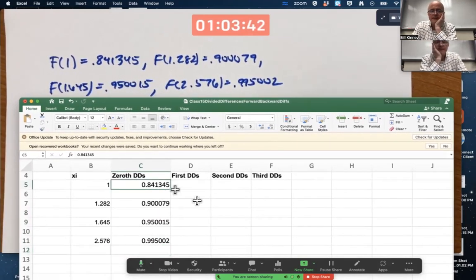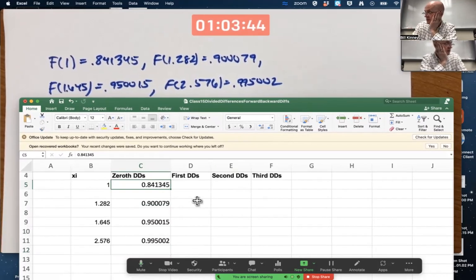It's only the first of these that's one of the coefficients. 0.841345 is A0. None of the other ones are coefficients, but I will need them to compute A1 and A2 and A3.